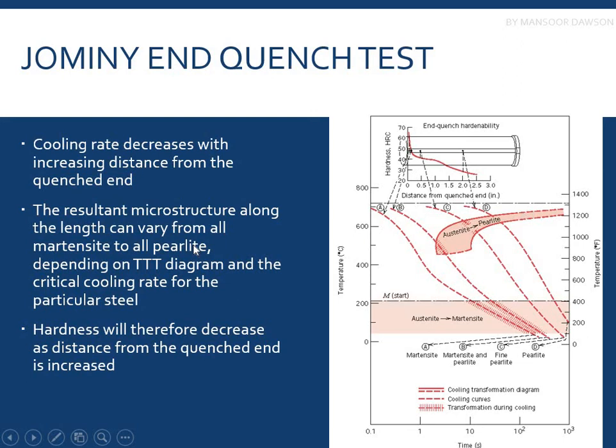The resultant microstructure along the length can vary from all martensite to all pearlite, depending on the time temperature transformation diagram and the critical cooling rate for the particular steel.